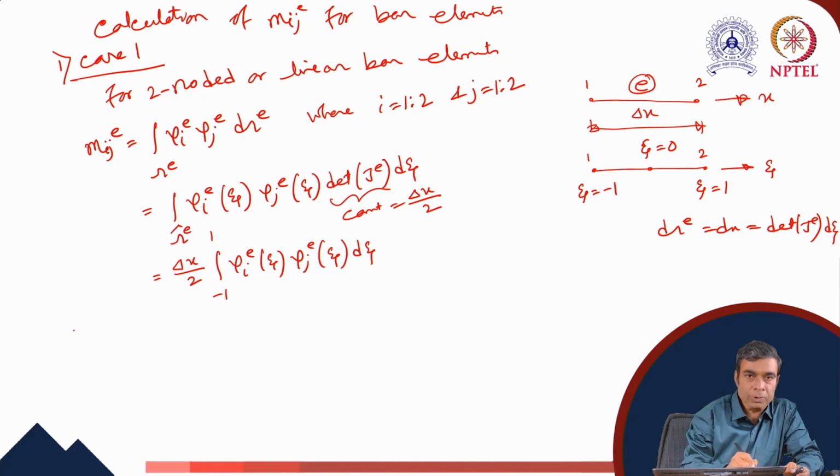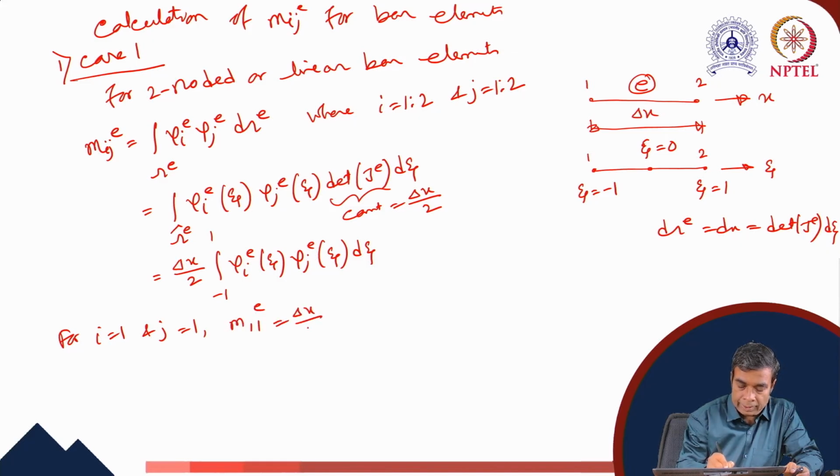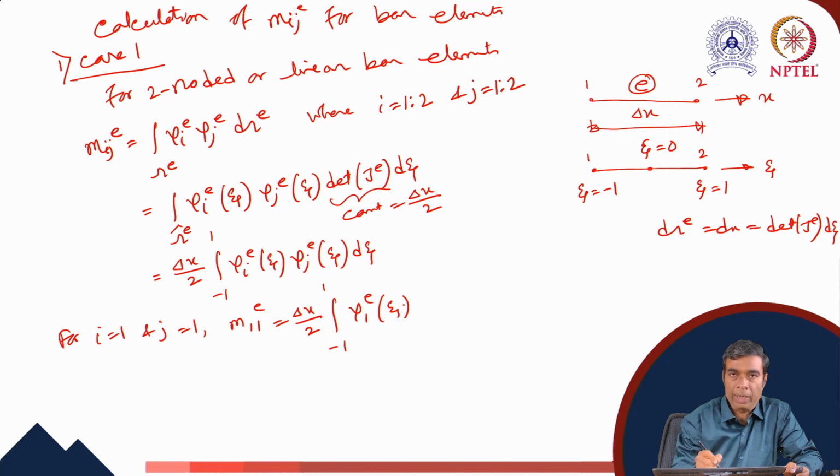When i equals 1 and j equals 1, we have M11E equals delta x by 2 integration -1 to 1 psi 1 of xi into psi 1 of xi, that is psi 1 of xi whole square d xi.